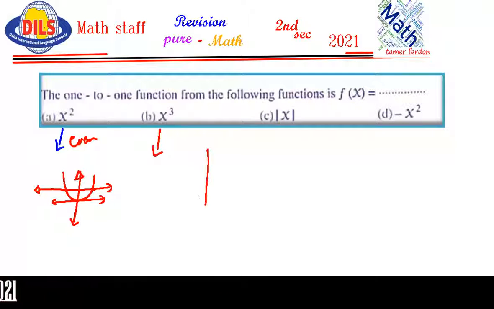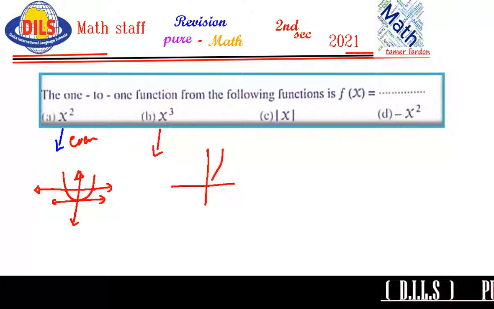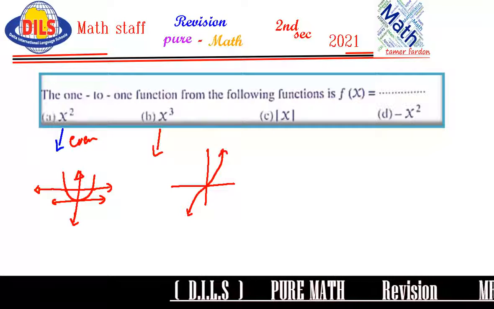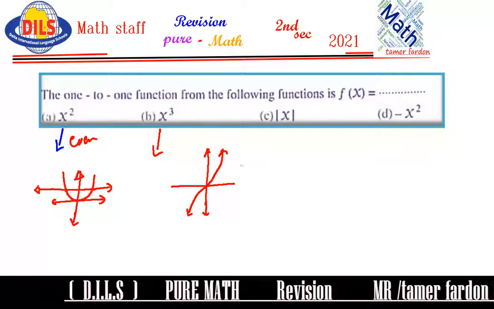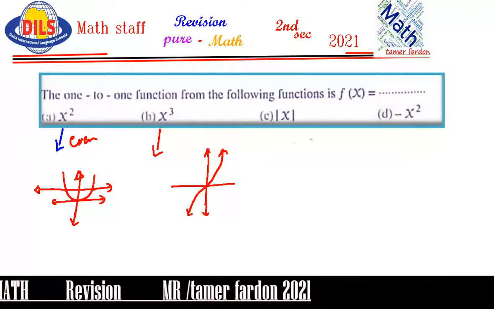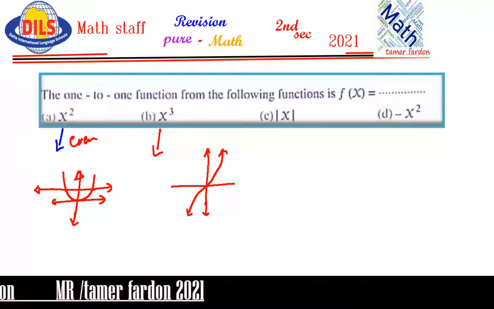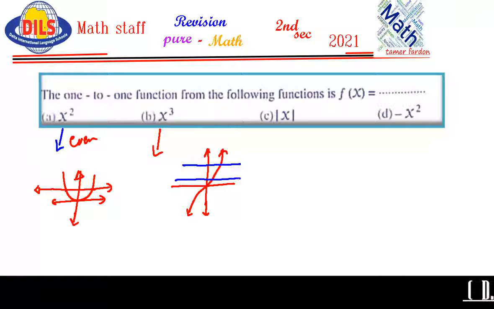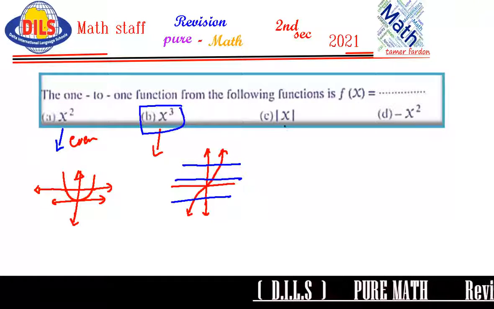X power 3 is an odd function, represented by the following curve. So f of x equals x power 3, any horizontal line cuts it at only one point, so x power 3 is a one-to-one function.